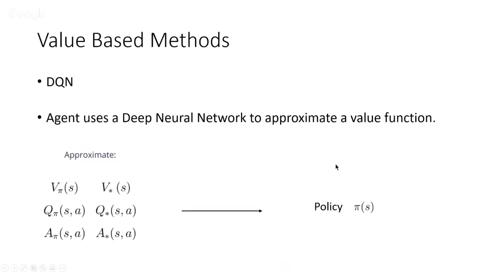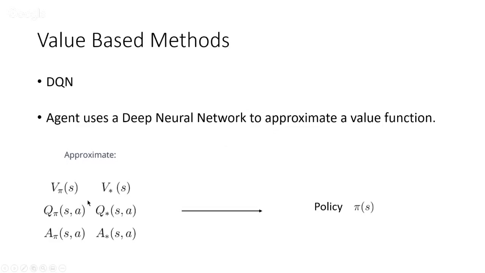First of all, let's review some basics. Value-based methods we just learned a few weeks ago. DQN was one of the algorithms that utilizes value-based methods. Basically, value-based methods are when an agent uses a deep neural network to approximate a value function. Once it approximates the value function, it can determine the policy.